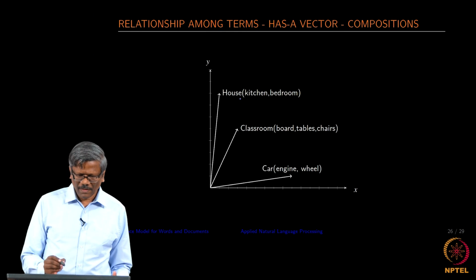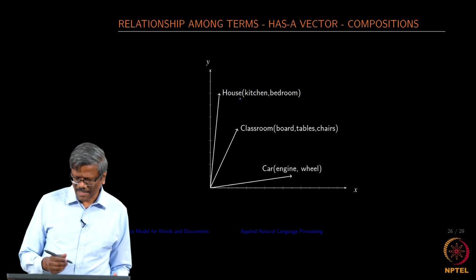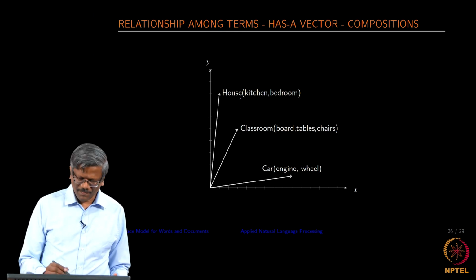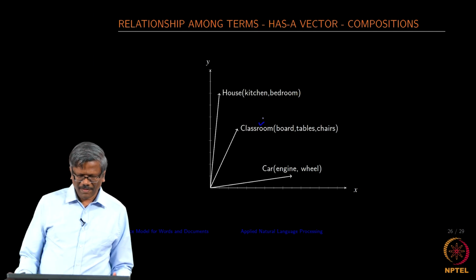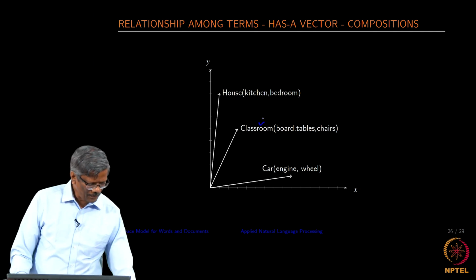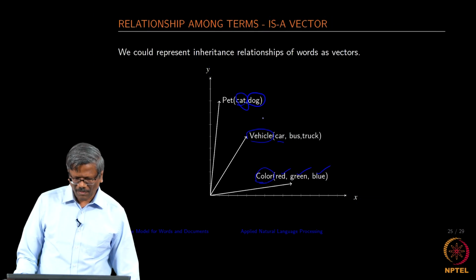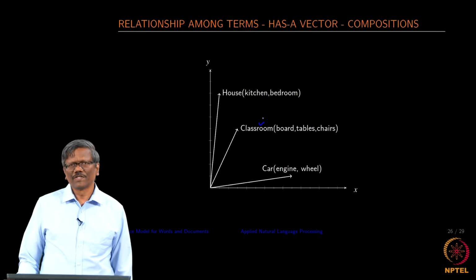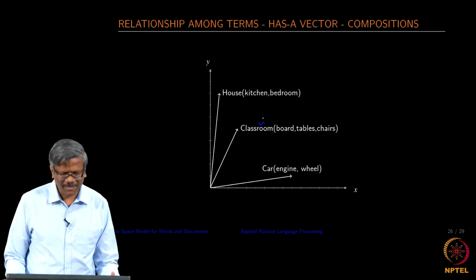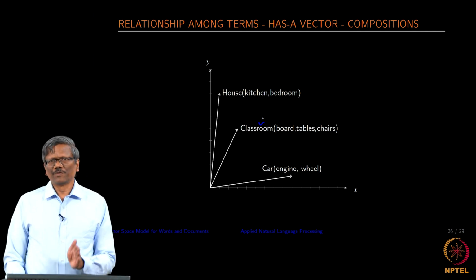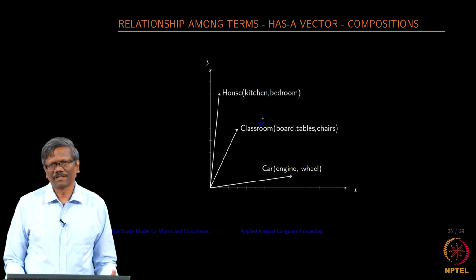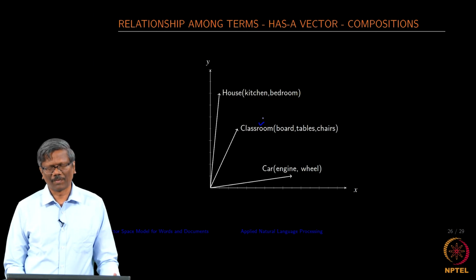Okay. So, that composition can be used as an axis. Okay. So, each one of those, right, if you look at the synonyms or is a vector or the composition space, each one of them would be useful in doing certain operations in the information retrieval process.